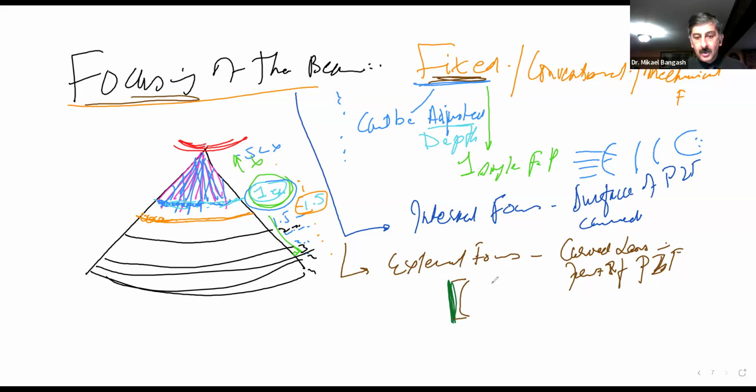But again, it's the degree of curvature on the surface of the lens that will determine the degree by which the beams will refract as they travel to or hit that curved surface, and bring it to a shallower, deeper, or even deeper focal depth.